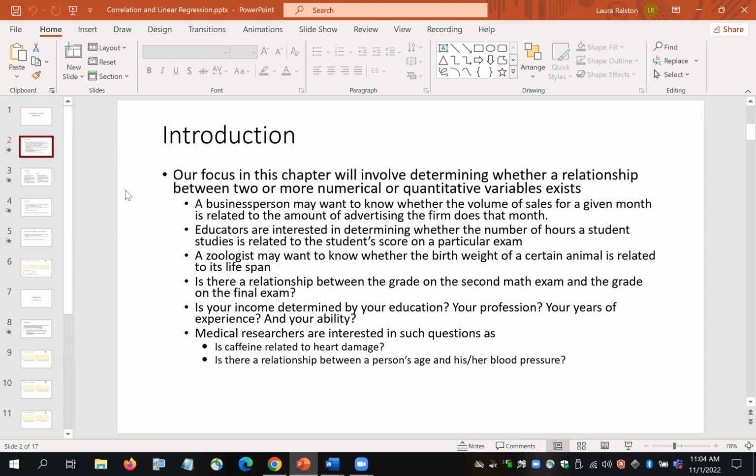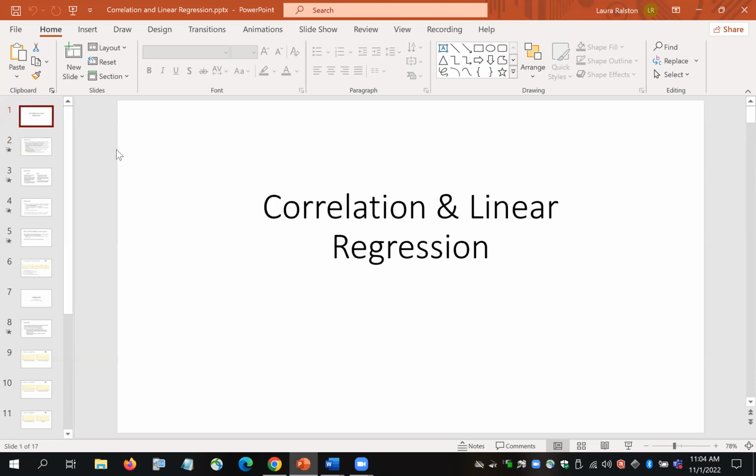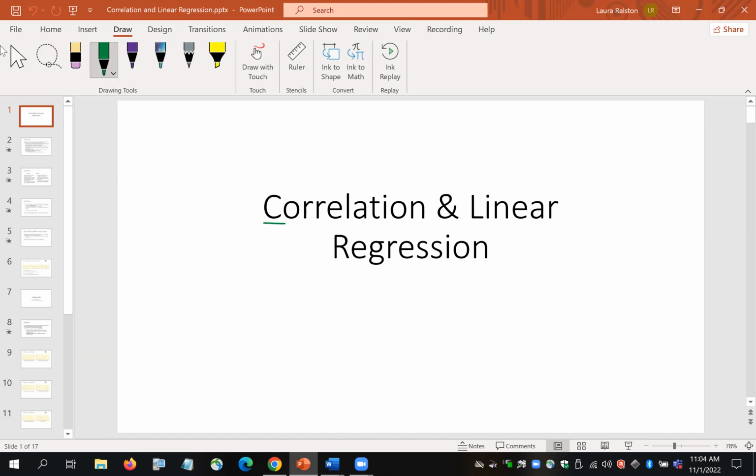If you think about that word, correlation, and I don't have a strong English background, the prefix co means with, and then you have the word relation. So correlation gives us that connotation of with relation. So we're looking to see, is there a relationship between the 2 variables?